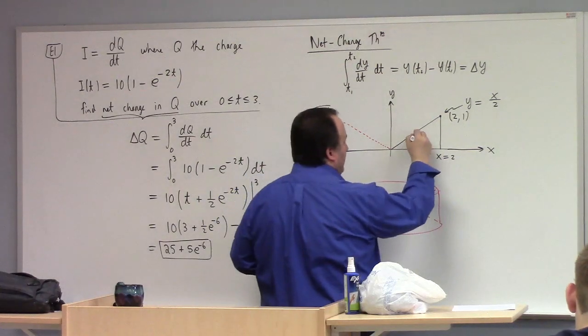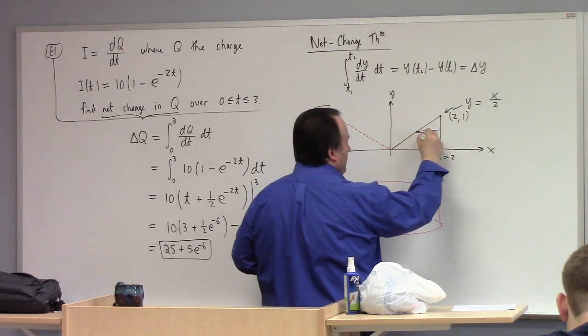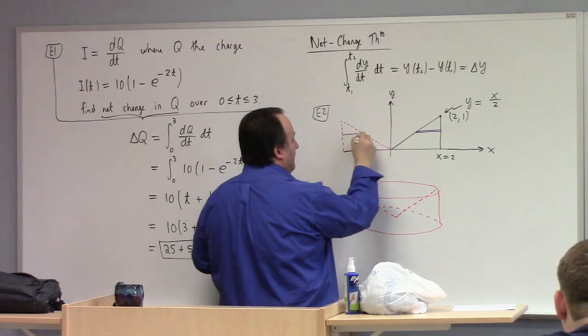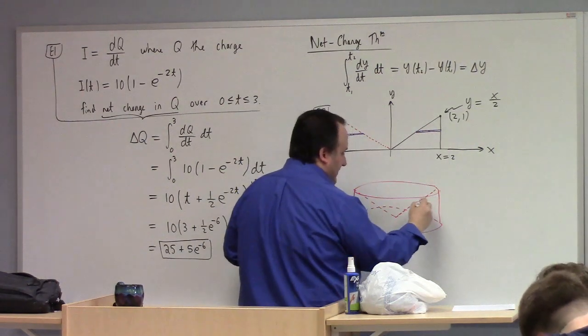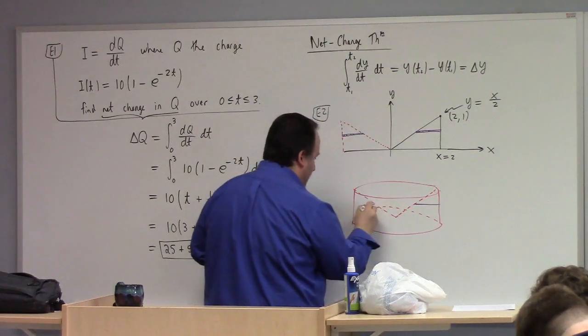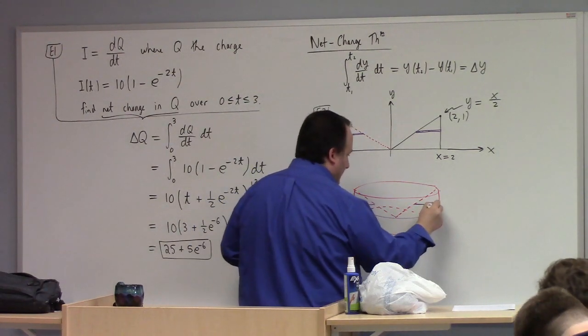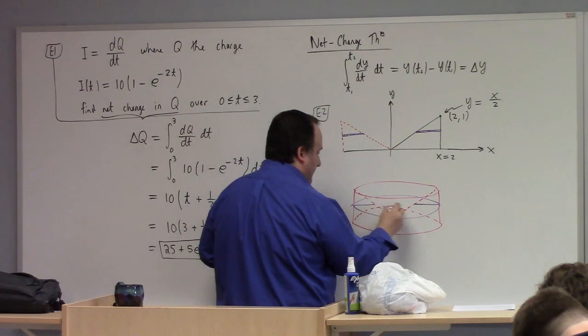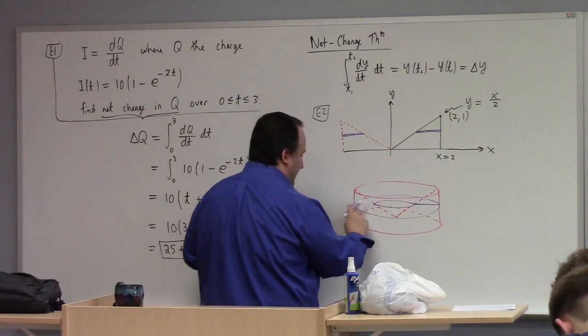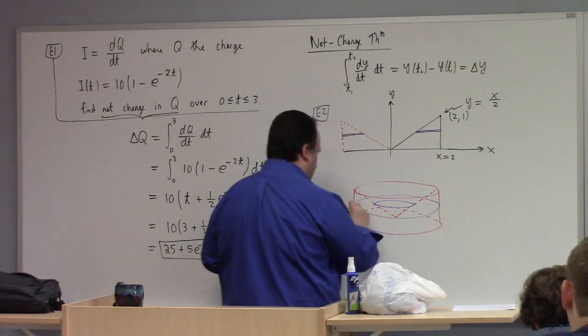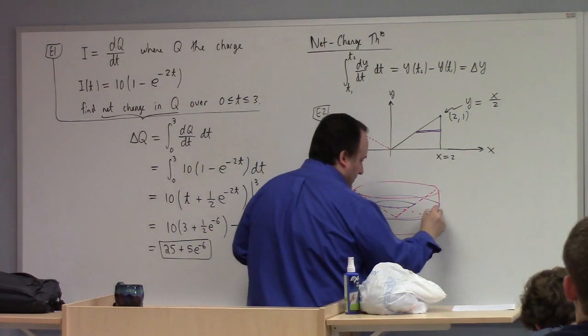So here's what the washer would look like here, right? Down here it would be something like, well, there's no line there, but all right.